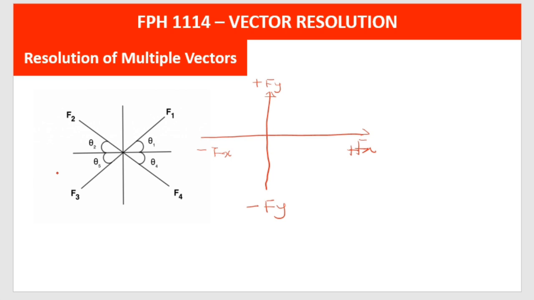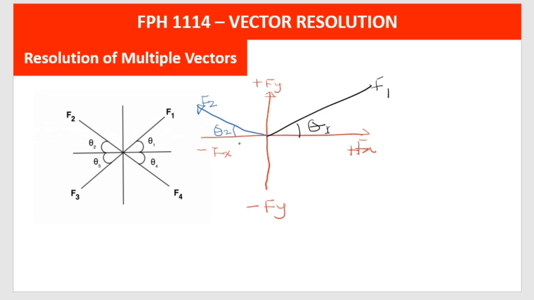So here we are going to be sketching some vectors. We have this F1 having an angle to the horizontal theta 1. Here we have vector 2 called F2. It has an angle theta 2.